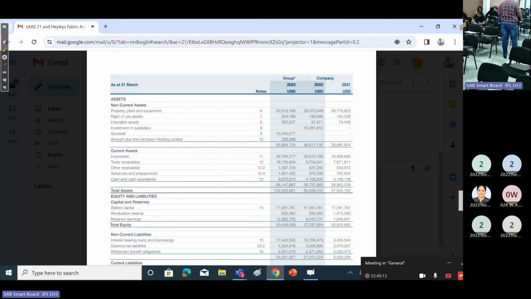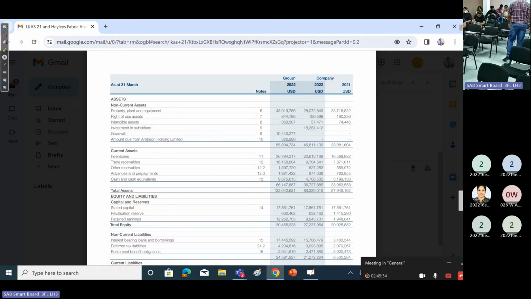How salaries are paid: the main company mostly pays salaries in US dollars. Raw materials are purchased in US dollars. The majority of operations are done in US dollars, so the functional currency would be US dollars.